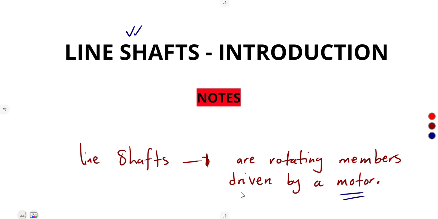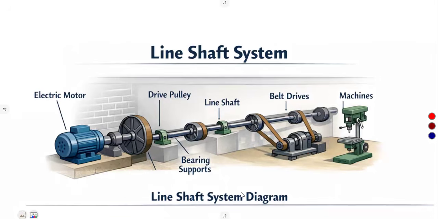Which components are we referring to? This is the line shaft system in general, where you have the electric motor, to the drive pulley, where we have the bearing supports to the line shaft.